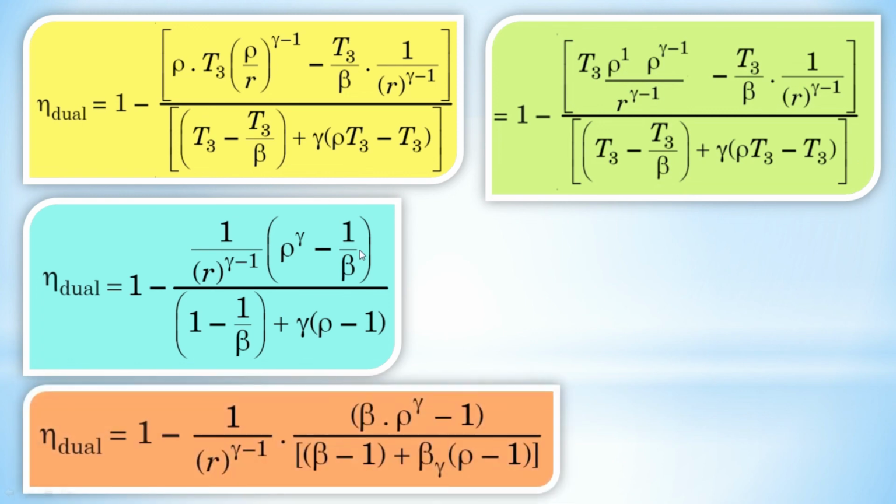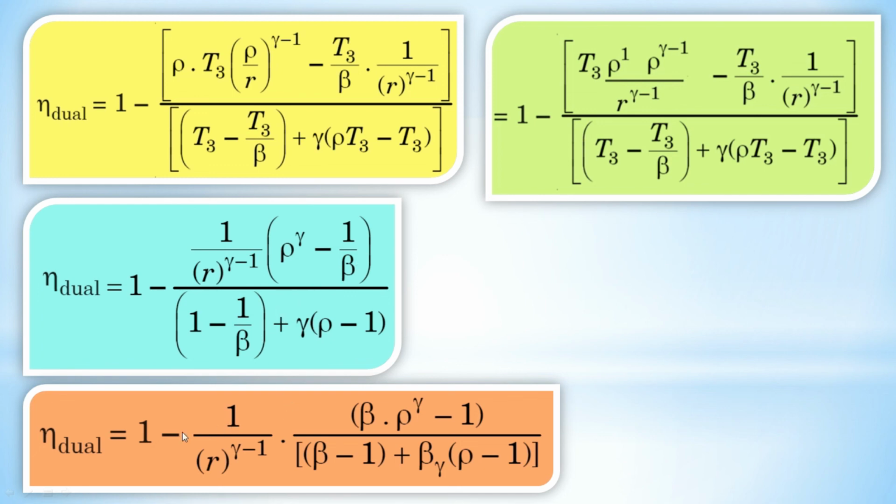Here you can see that in numerator and denominator the beta term is common. First of all, beta is multiplied with rho raised to gamma, so beta into rho raised to gamma minus 1. Same in the denominator, beta is multiplied with 1, so beta minus 1 upon beta. So in numerator and denominator 1 upon beta is common, so it is cancelled out.